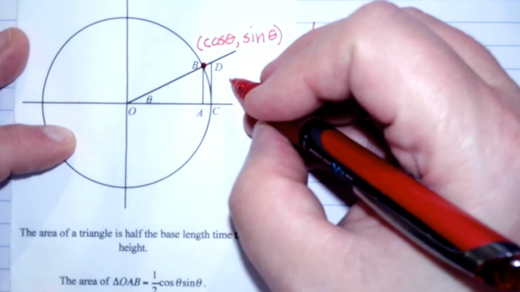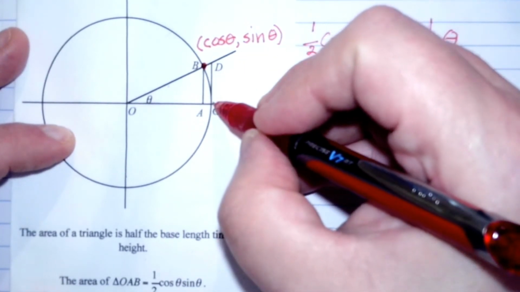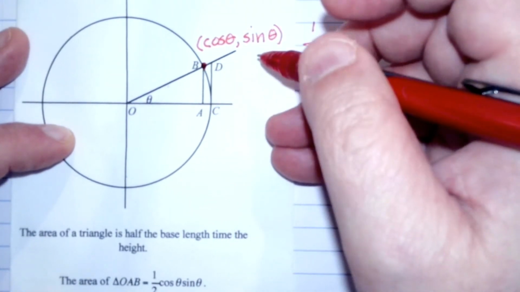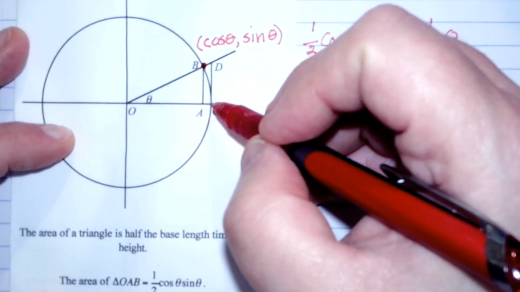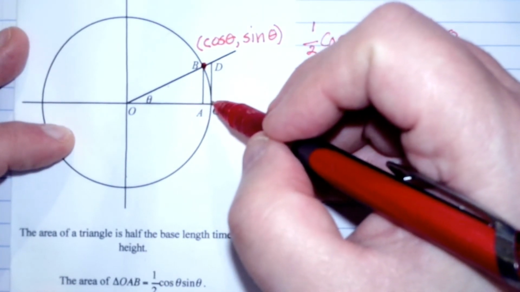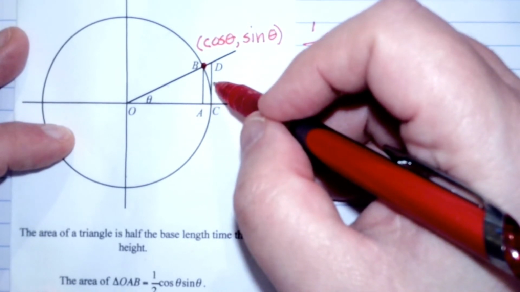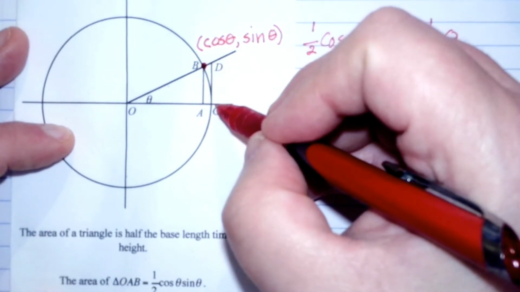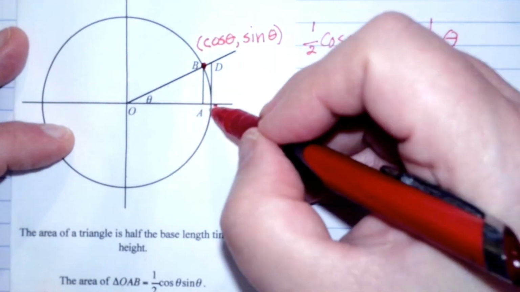Well, one thing I want to observe is that the length of line segment CD is tangent theta. How do we know that? Well, if you remember the definition of the tangent of theta in terms of the sides of a right triangle, the tangent of theta is equal to the length of the opposite side divided by the length of the adjacent side.